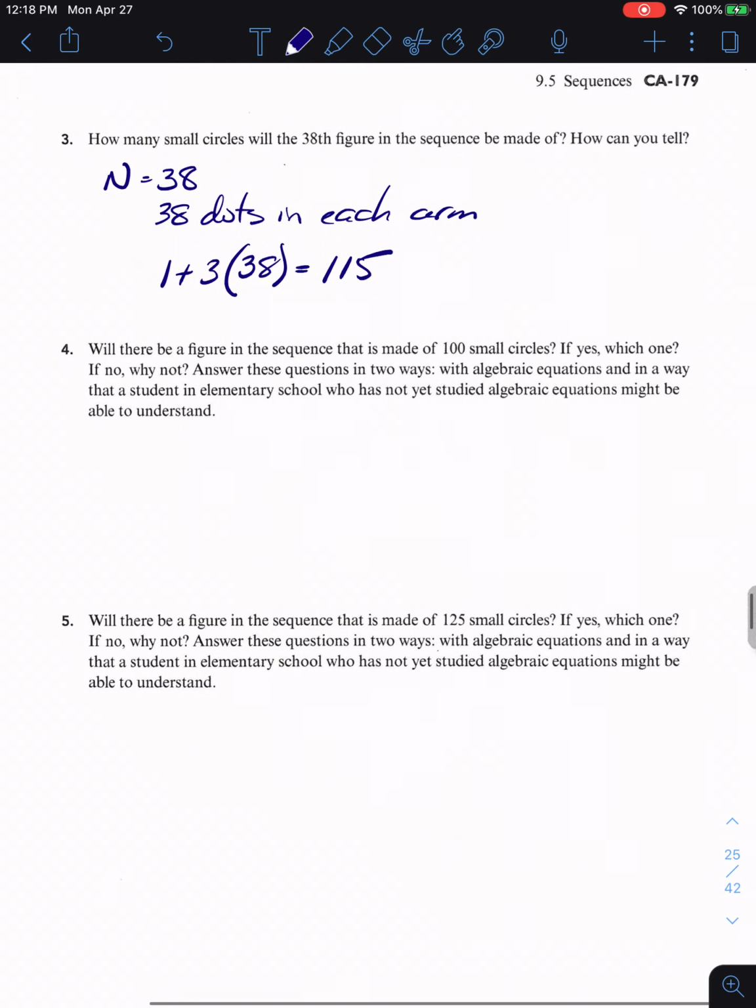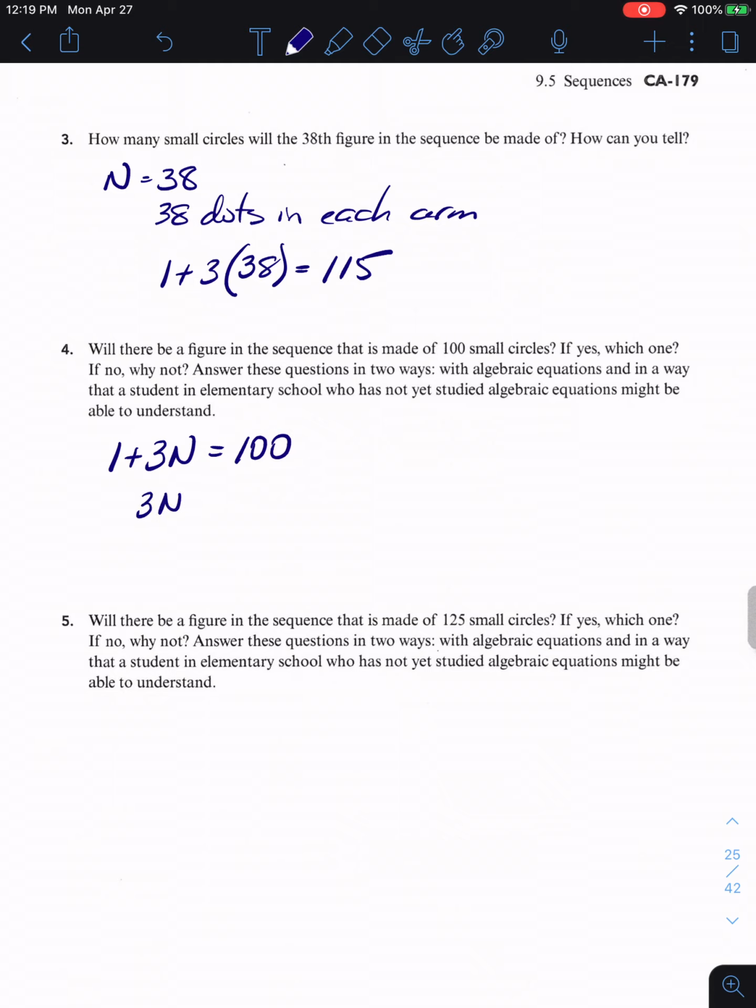Will there be a figure in the sequence that is made of 100 small circles? If so, which one? If not, why not? So try to write it down in different ways. Okay, so will 1 plus 3n ever be 100? So 1 more than 3n, ever be 100?